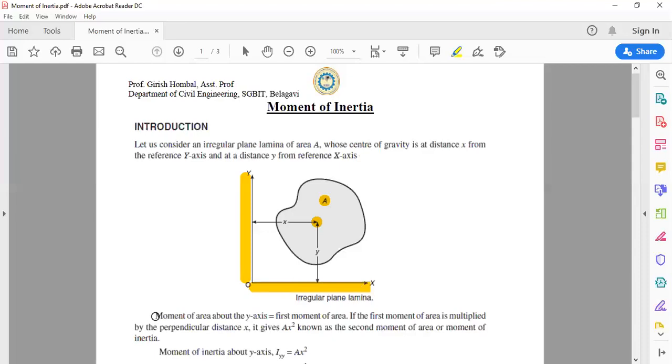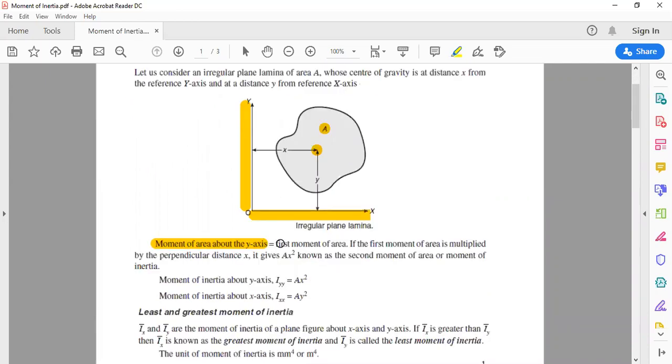Now in this case we have calculated it with respect to y-axis. So moment of inertia about y-axis is nothing but first moment of area, and if this first moment of area is multiplied by the perpendicular distance x, it gives ax square.